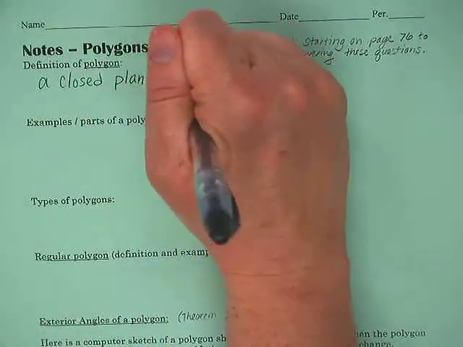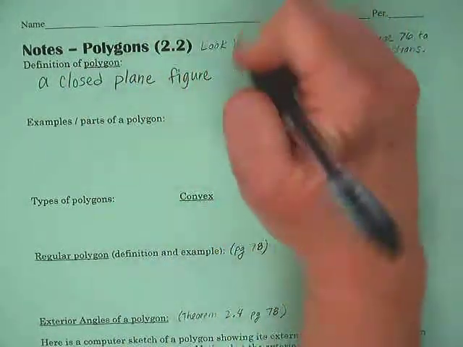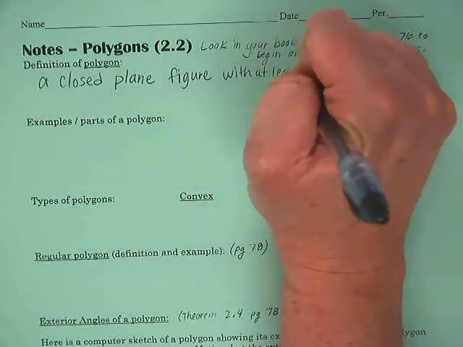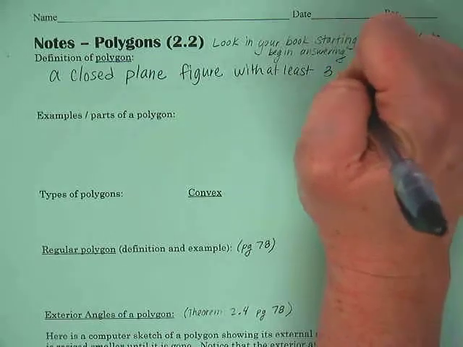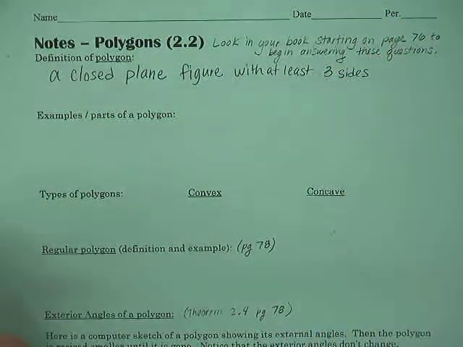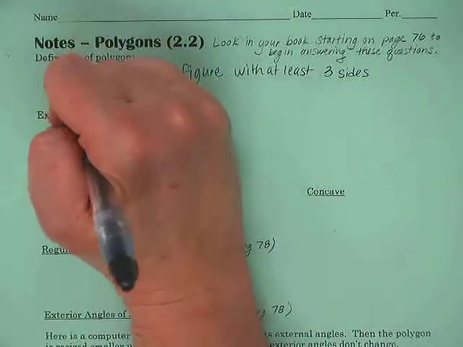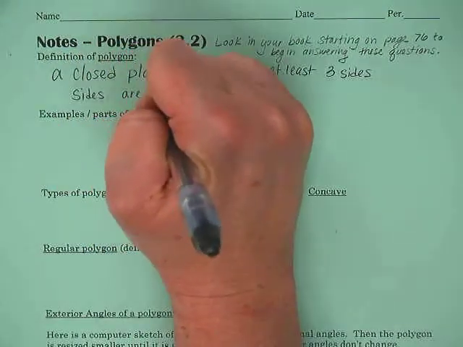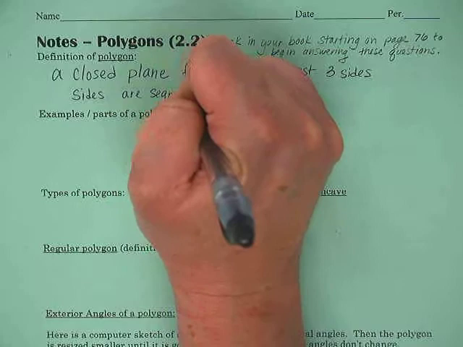A closed plane figure with at least 3 sides. What are the sides made of? Lines. Okay, there's a certain word we learned that has to do with lines that start and end. Segments, good. So the sides are segments.